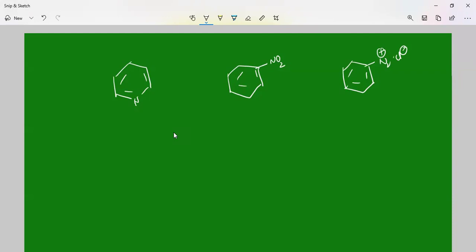So excluding these three, the nitrogen compound aniline is the only one possible for estimation by the Kjeldahl method. The very convenient method for estimation of nitrogen in organic compounds is the Kjeldahl method, applicable only for a few compounds, and some compounds are exceptions. So the second option is the right option for this one.